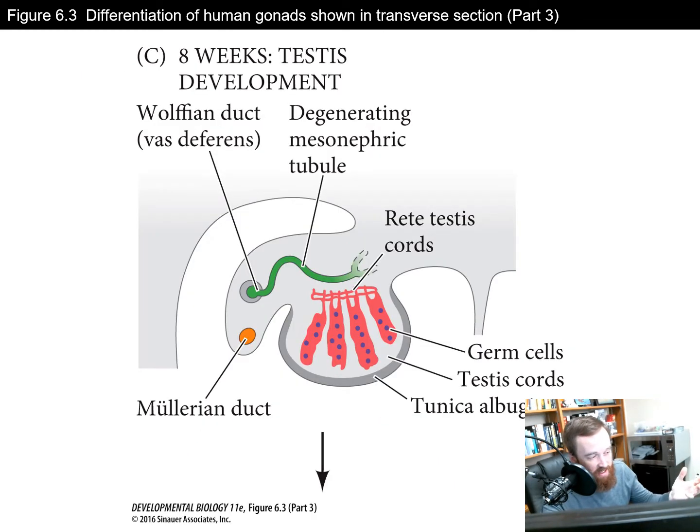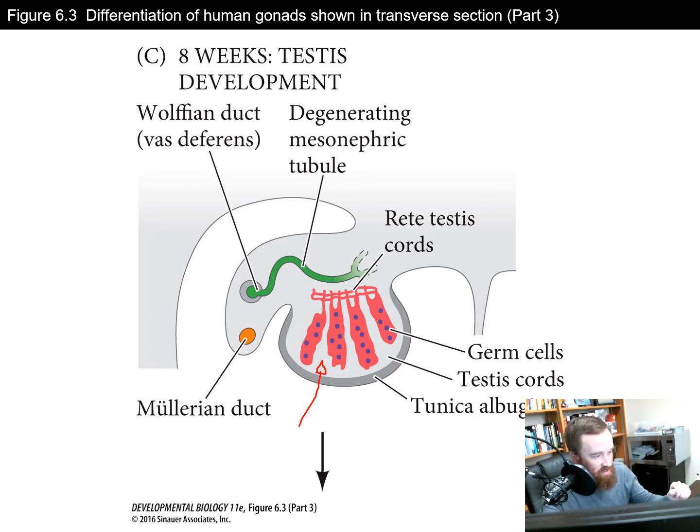Now at week 8, if there is a Y chromosome that contains that SRY gene, then we start to proceed towards testes development. So at this point, the sex cords start to move away from the cortical epithelium and develop into rete testes, so very early testes, and so they isolate themselves from the epithelial tissue.